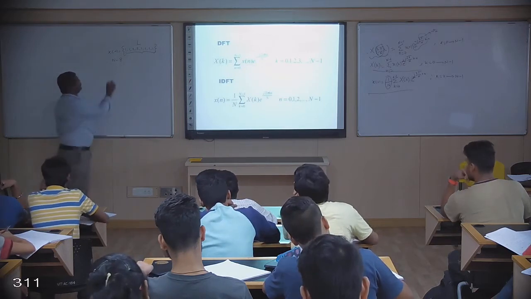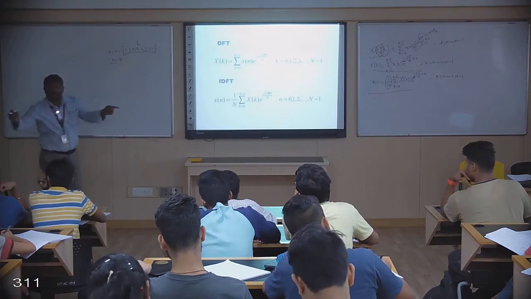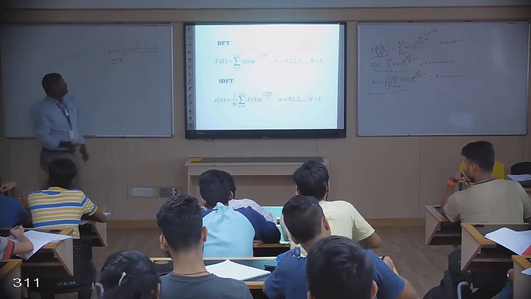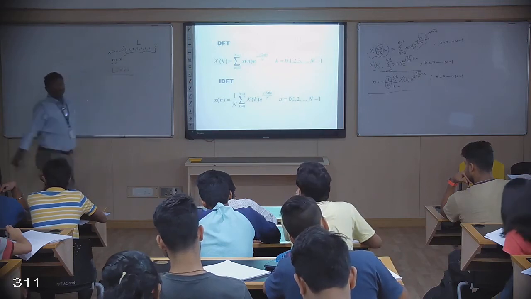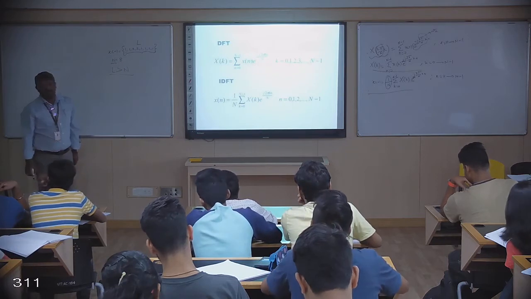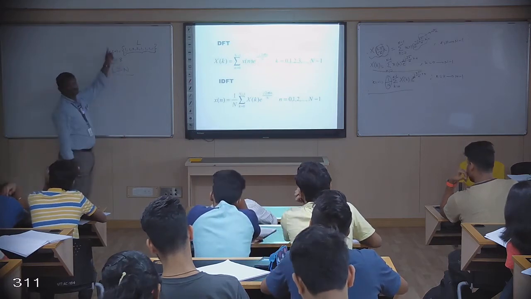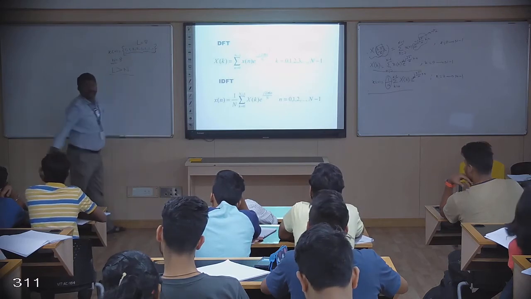N is the length of your DFT. Now if L is greater than N, what will happen? Do you understand? So here in the example, what is L? L is 8.